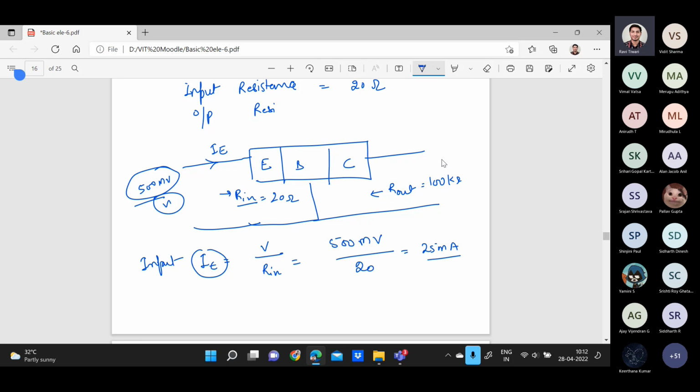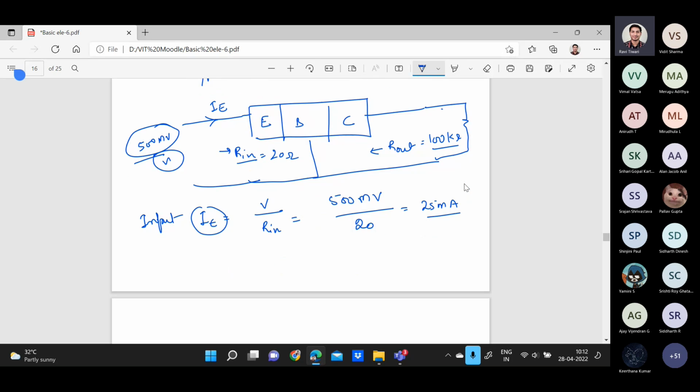Now, for example, they have given the RC value as 100 kilo ohm. Can you find out the value of voltage here? If you multiply IC by R out, you will get the output voltage. V out will be equal to IC into R out.